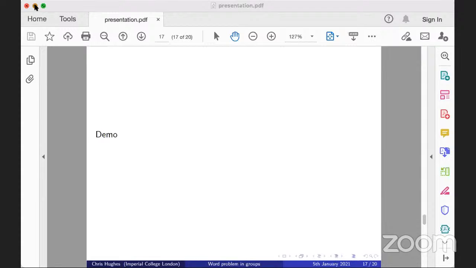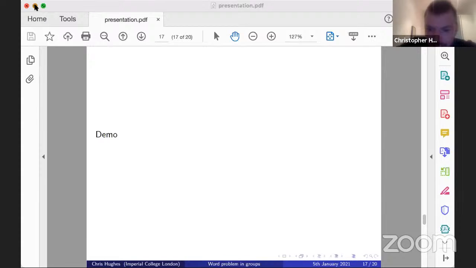You're trying to share a different window, Chris? Yeah, but I can't. Better to stop sharing the current one. Okay, hang on. Let's stop share. Share screen. I don't see VS Code in this.